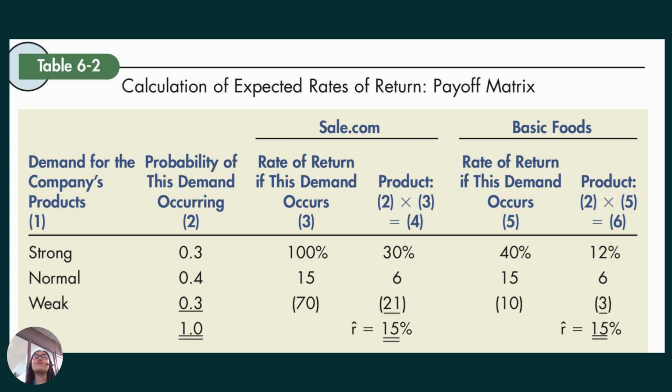The weights are the probabilities, and the weighted average is the expected rate of return, R hat. The expected rates of return for both Sale.com and Basic Foods are shown in Table 6-2 to be 15%. This type of table is known as a payoff matrix.